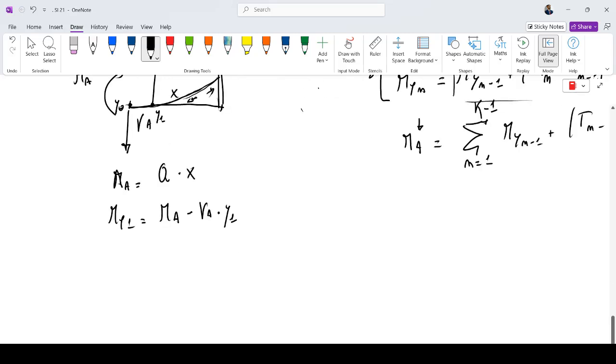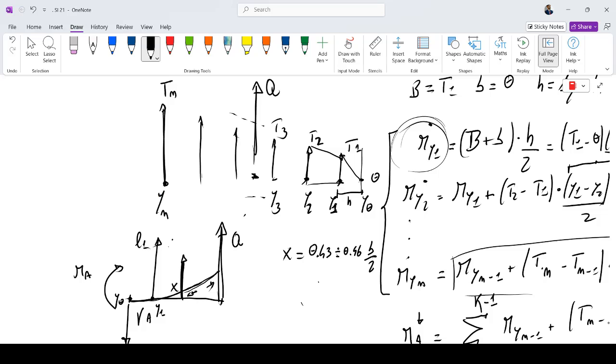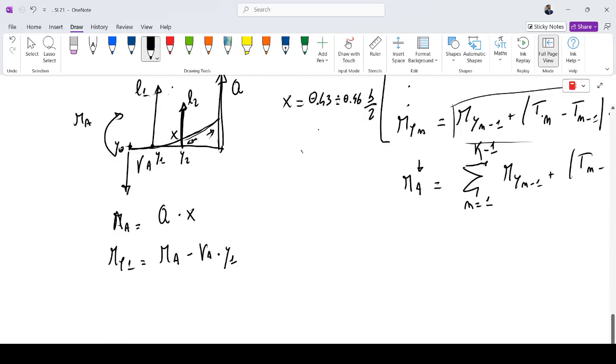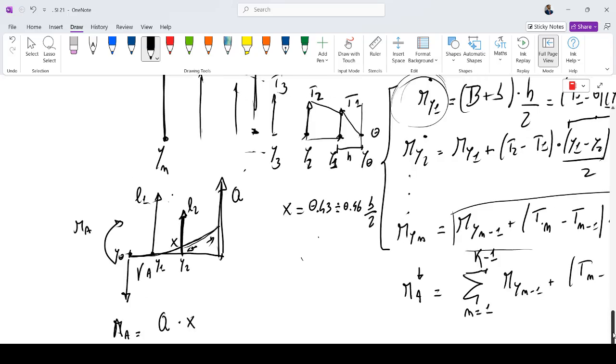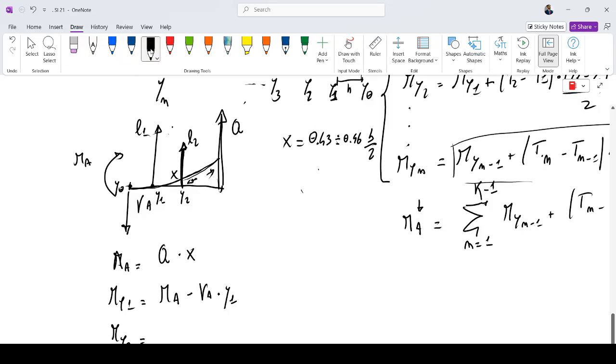If I want to calculate the moment at epsilon 2, where the local load L2 is applied, M epsilon 2 is equal to MA minus VA times epsilon 2 plus L1 times this portion, that is epsilon 2 minus epsilon 1. So it's more complicated.